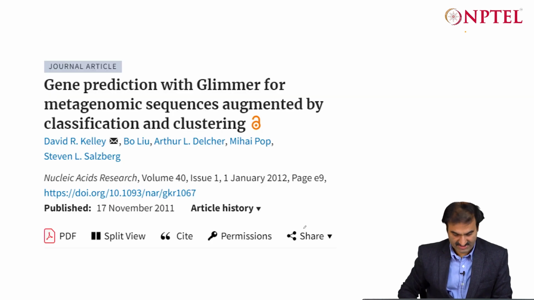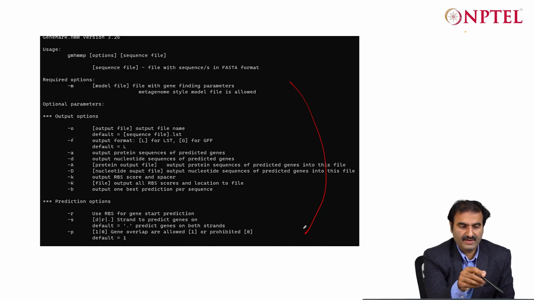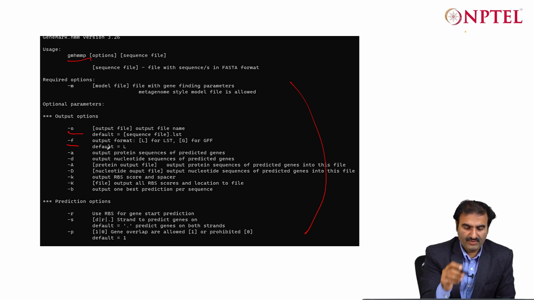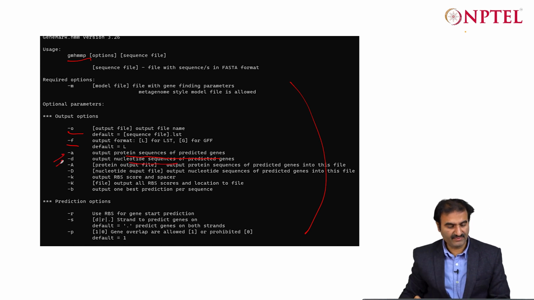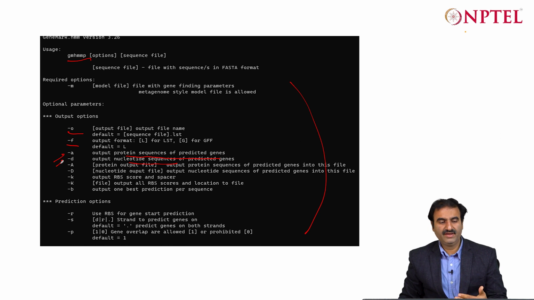The command line will be gmhmmp, then the file name, the output file name and the output format, whether you want output protein sequences also or only the nucleotide sequences. You can define options like -A and -D, and it can do the prediction of proteins. You can use multiple of these, but Prodigal basically does the job well.